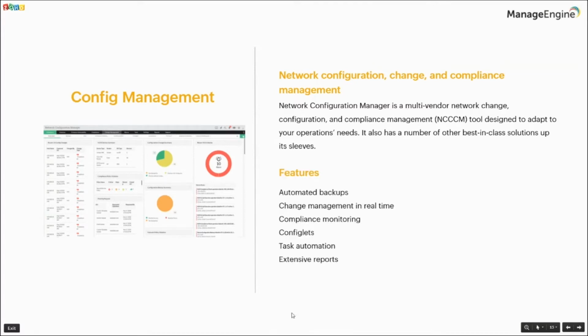The various features available under NCM are as follows. You can take automated backups, you can get change management in real time, you can have compliance monitoring, you can have config lists, you can push changes, you can automate the processes, you can have extensive reports for the information which you are collecting.